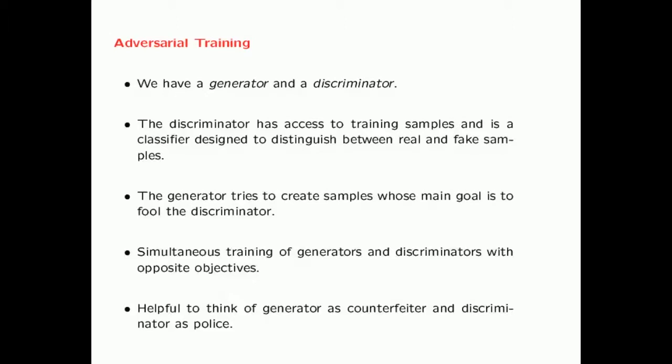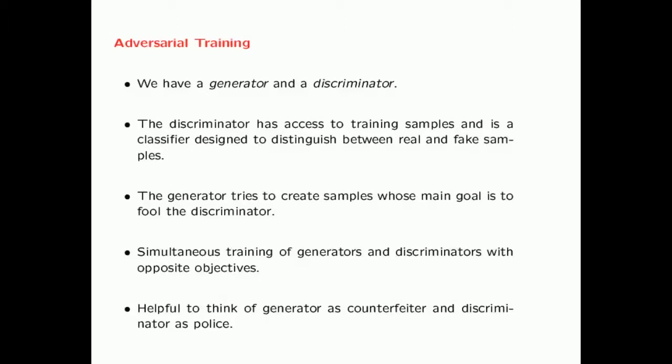In a variational autoencoder, we have a decoder and an encoder, and they are trained together in order to learn the generative model of the data which is inside the decoder. In adversarial training, we have a generator and a discriminator. The generator looks a lot like a decoder of an autoencoder, and the discriminator is a lot like a classifier.